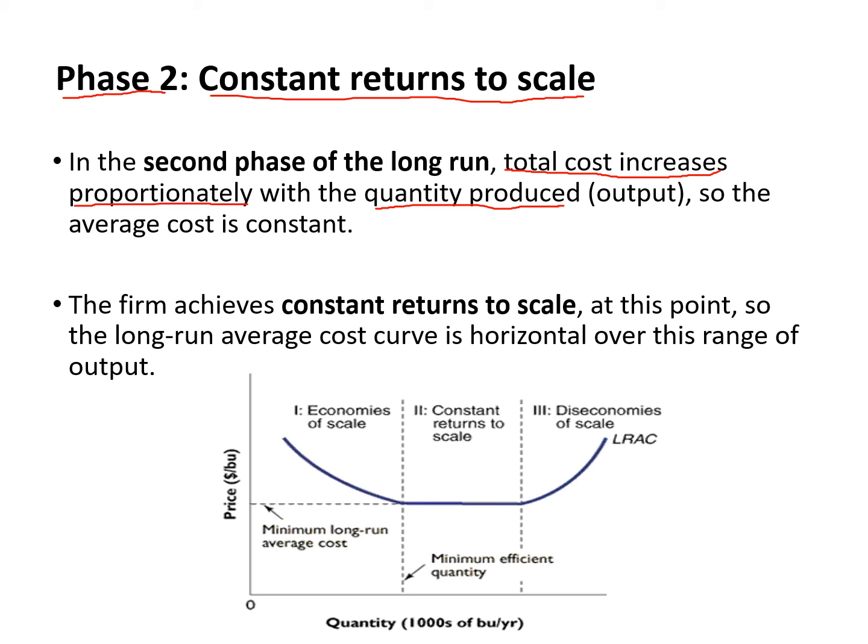The average cost will become constant for larger and larger scale. At this point on the graph, we can see a horizontal section because there is a constant returns to scale.